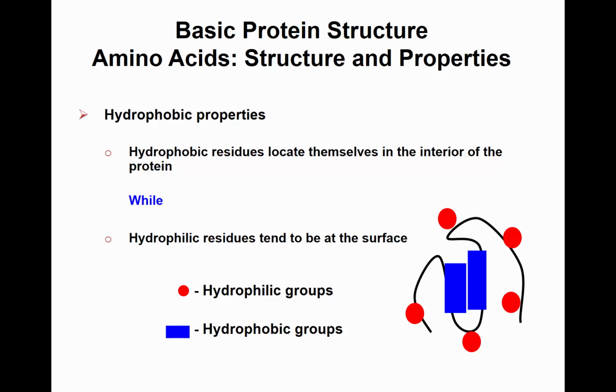And what's driving the folding is the hydrophobic interactions between the hydrophobic residues, because they don't like water. So they want to hide from water. And in a cell environment, it's aqueous, right? The protein is generated in a cellular environment. There's water around it. They don't like water. So in order to get away from water, they start to interact with each other via hydrophobic interactions.